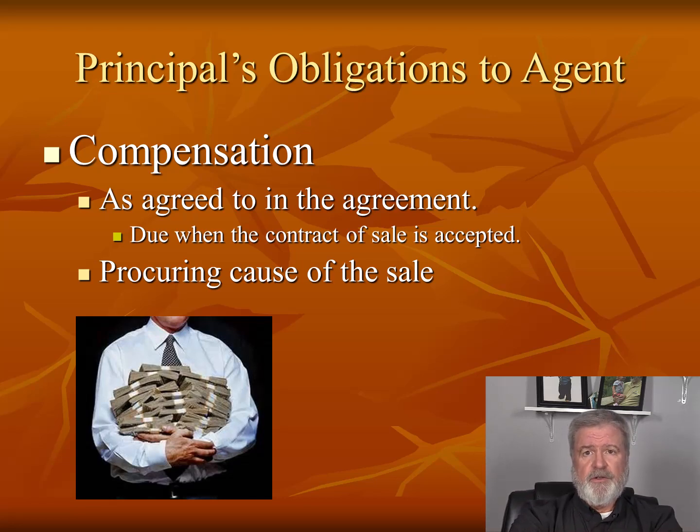So the other agent in this scenario would be going to closing and getting paid. Well, that kind of sucked for me, doesn't it? Well, am I due a commission? Yes, I'm still due a commission. The problem is I'm not going to get it at closing.